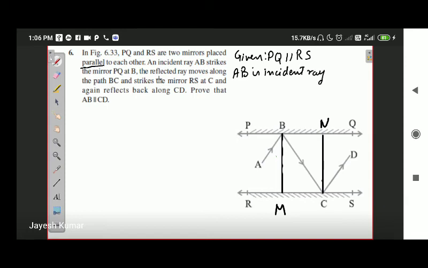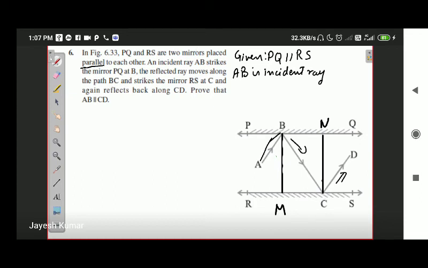The reflected ray moves along the path BC. This is the reflected ray. It meets the mirror RS and is reflected in this direction. Then it moves on to point C and is reflected again. And so we have CD, which is the reflected ray from point C.